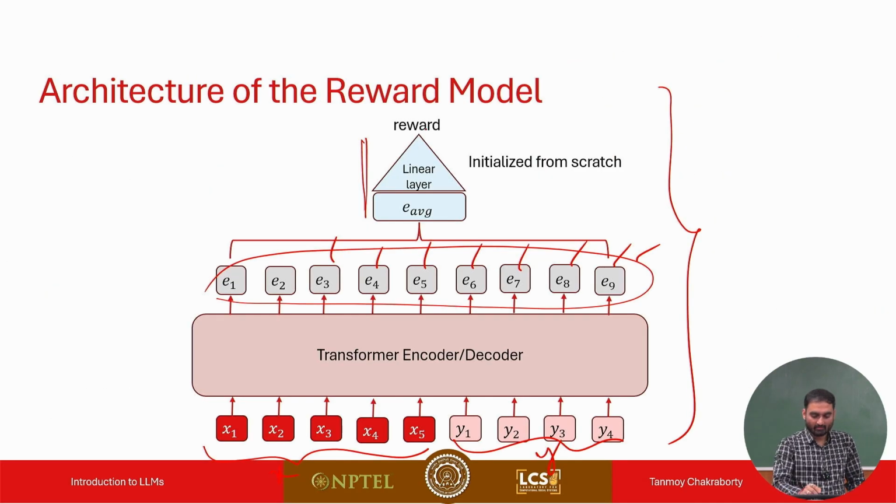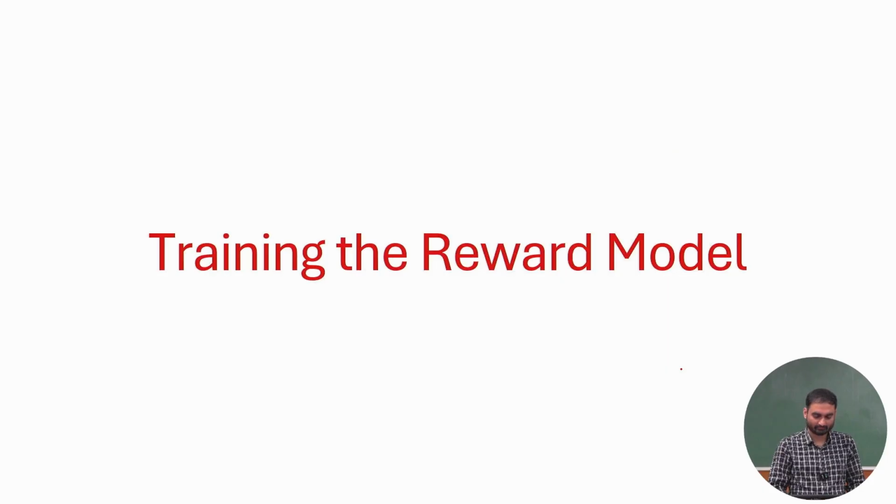The model should be able to say that for this X, the reward value of Y is this much. You train this linear layer from scratch, and of course you can fine tune other layers as required.